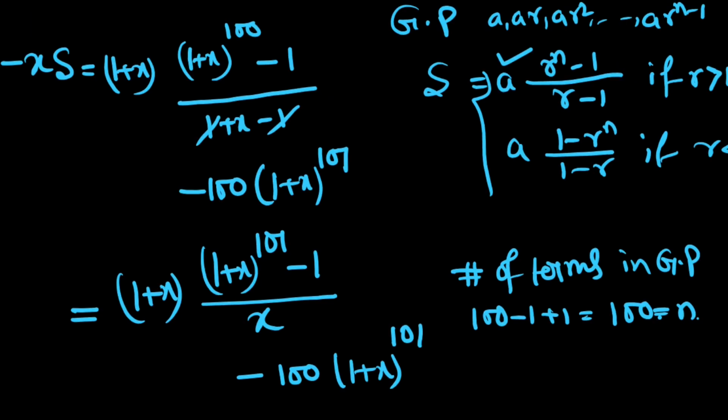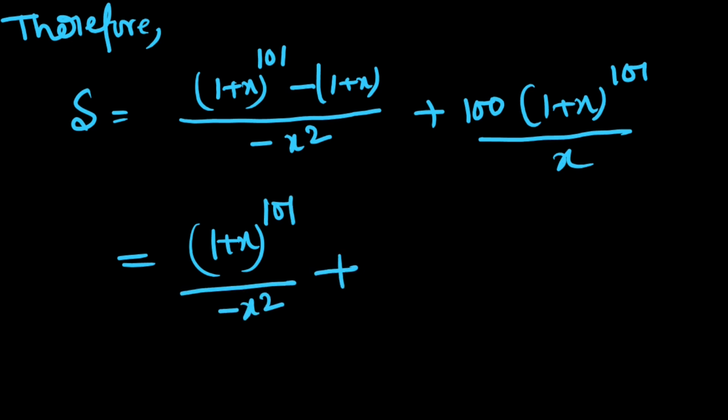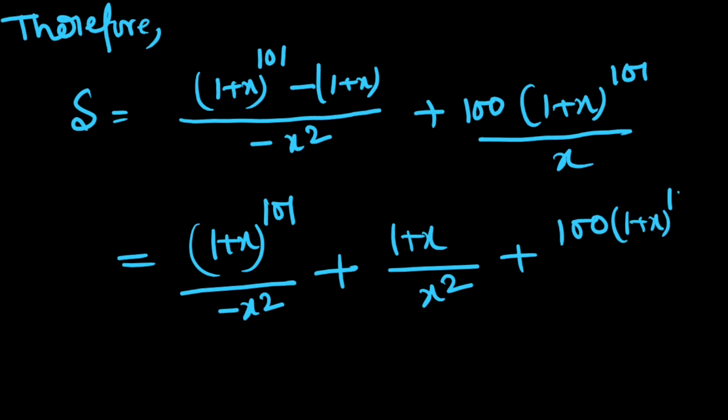So we divide by x on the right hand side. Therefore s is equal to (1 plus x) power 101 over minus x square plus (1 plus x) over x square plus 100 (1 plus x) power 101 over x.